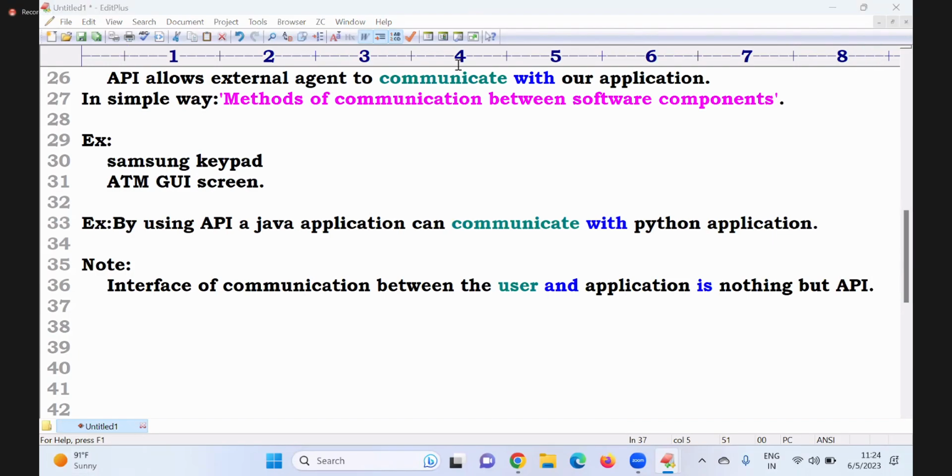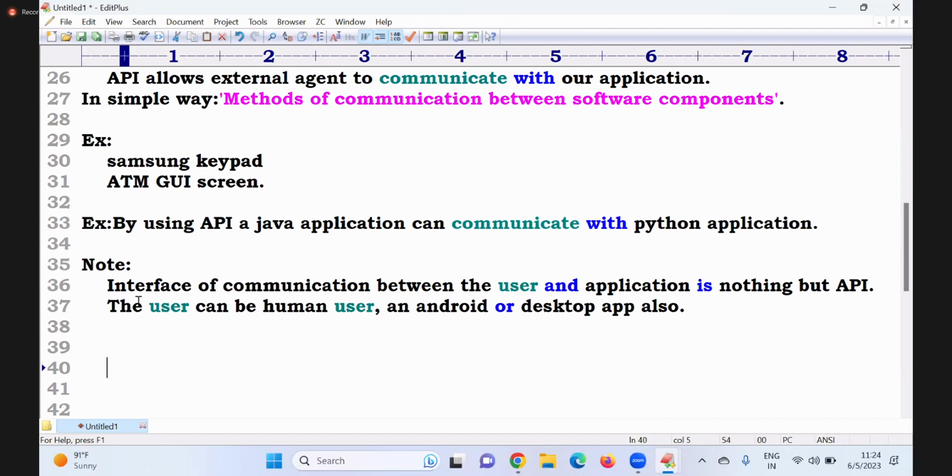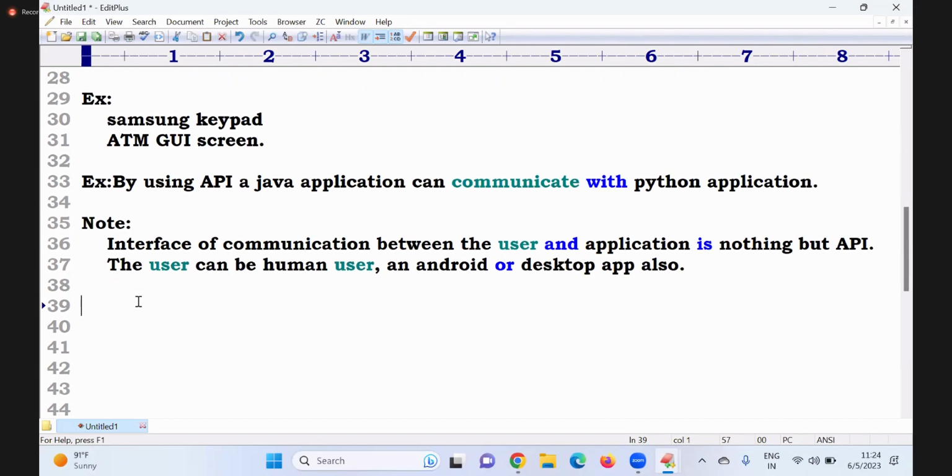The interface between the user, who can be a human or an Android or any desktop application also. So user to application communication we know already.